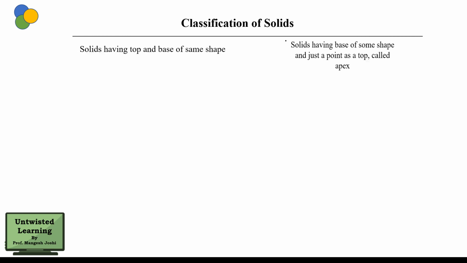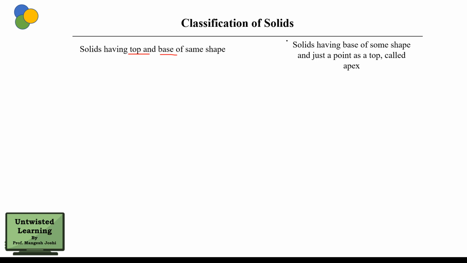So let us start with the first topic, that is classification of solids. Basically this is classified into two types. One is the group of solids where you have base and top of the same shape, for example, a cylinder. You have a base as a circle as well as the top as a circle.